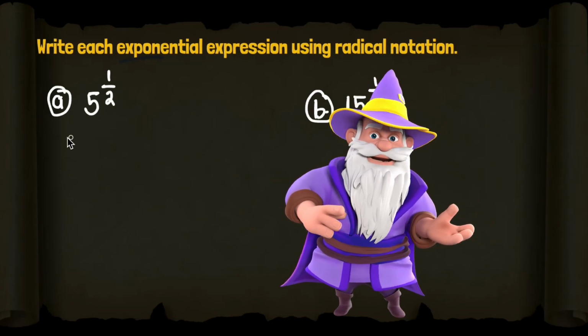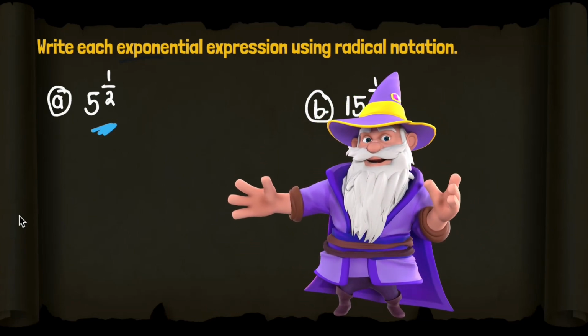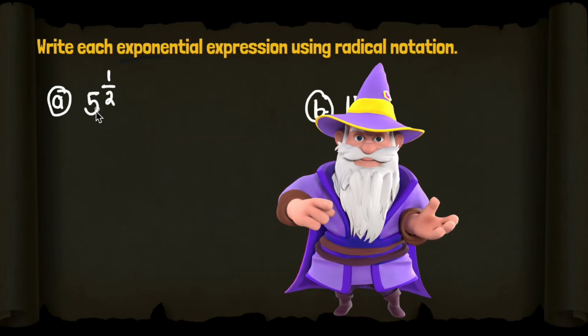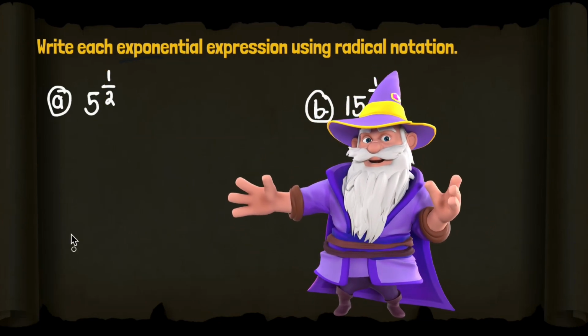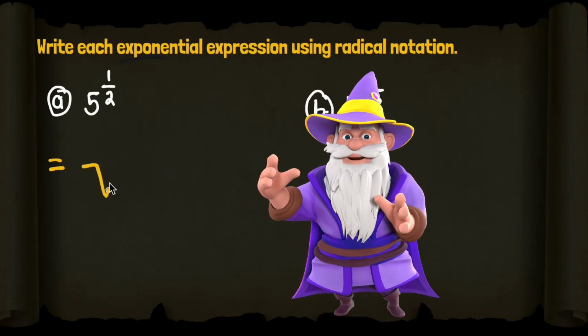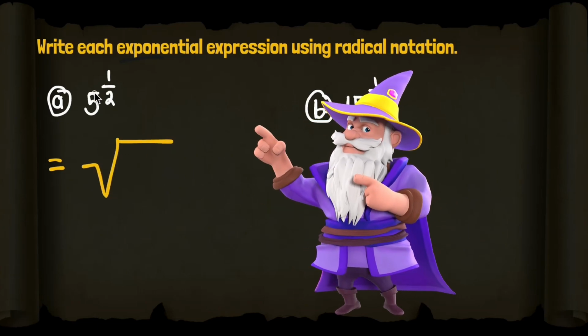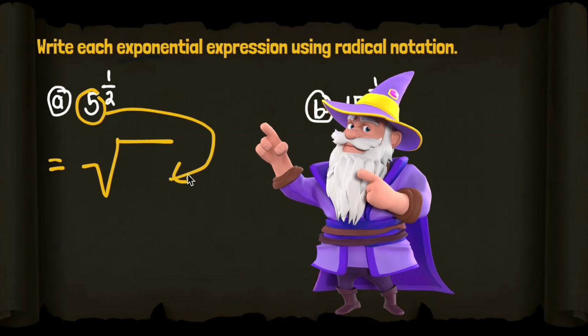The first one is 5 raised to 1 half. As you can see, the exponent of this base 5 is a fraction. First, we want to write this radical sign, and we want to write first the base. Ilalagay natin yung base saan? Sa loob ng radical sign.